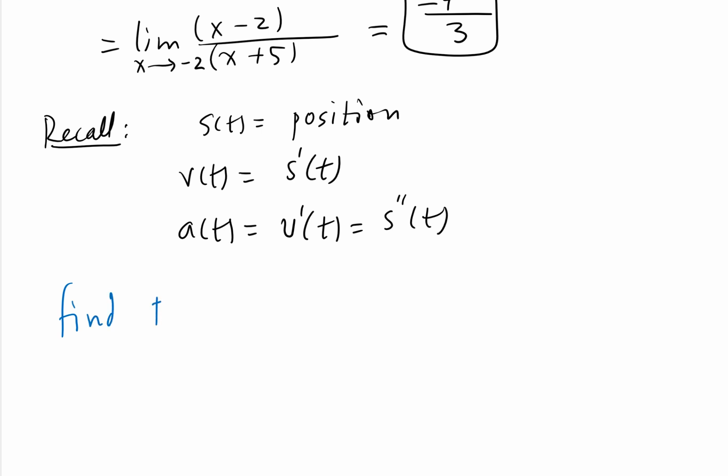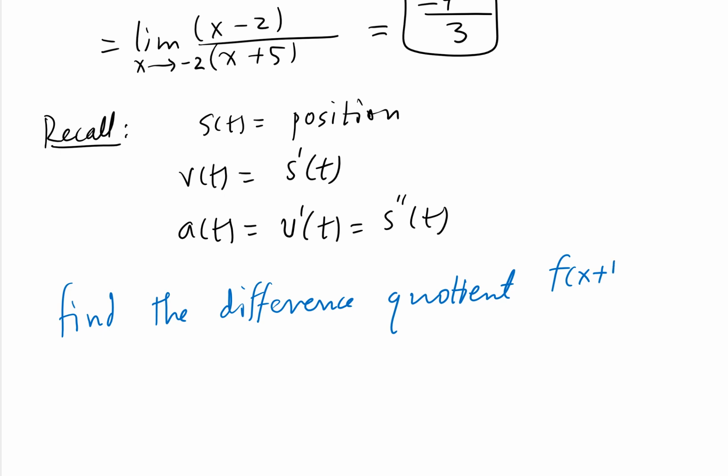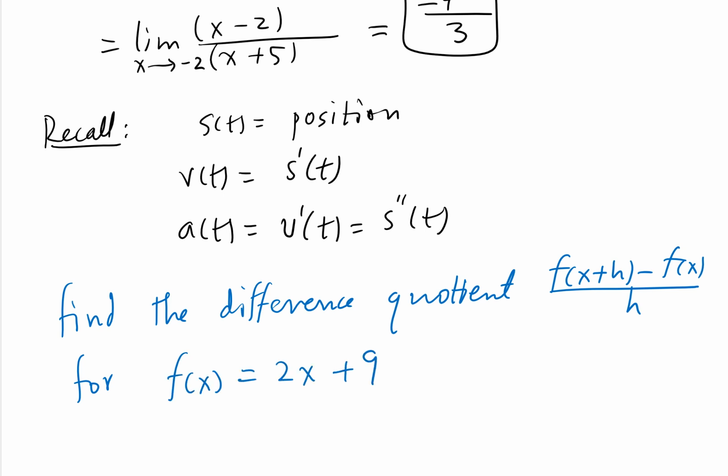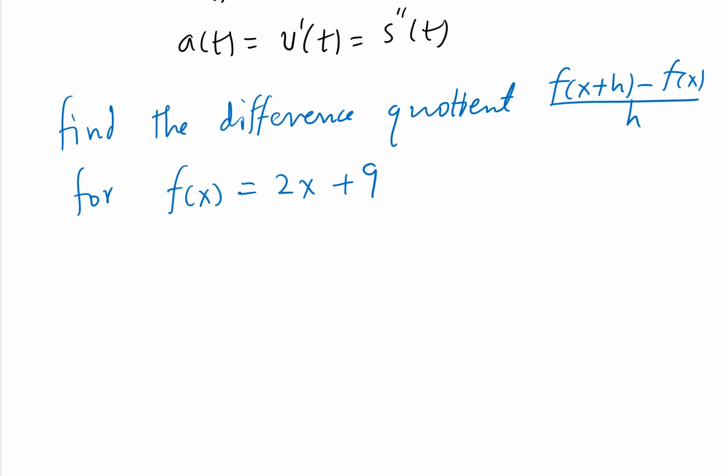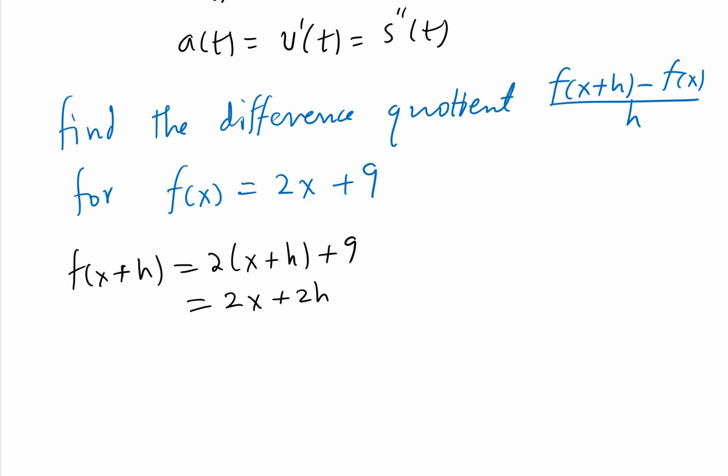Find the difference quotient, f of x plus h minus f of x all over h, for the function f of x equals 2x plus 9. I always try to find f of x plus h on the side by replacing the x with x plus h, and that would give me 2x plus 2h plus 9.